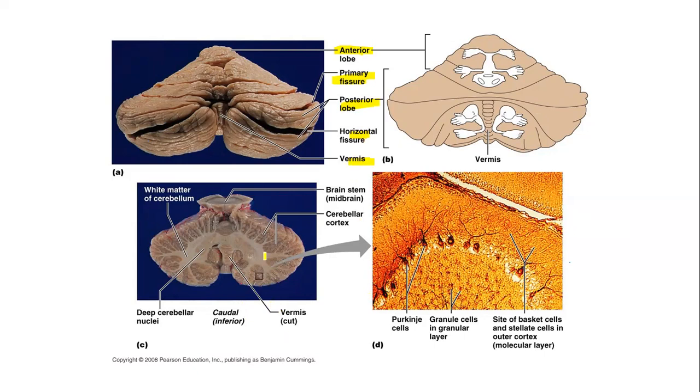Here I have cut it to show the caudal inferior. Here is the vermis, then the deeper cerebellar nuclei. There is the brainstem here, the upper part being the midbrain, and the lower part.